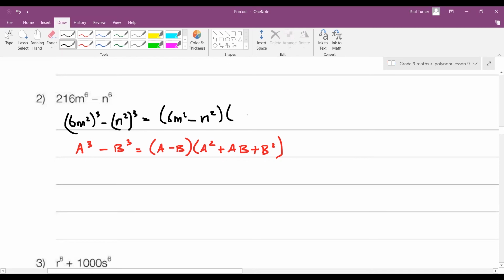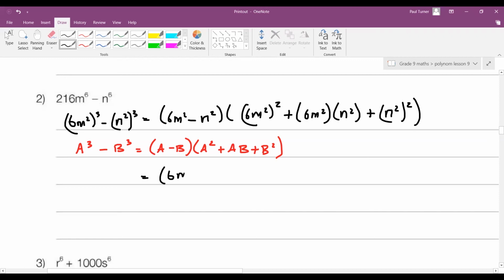A squared is 6m squared squared, plus 6m squared times b, which is n squared, plus n squared squared, like that. So the last line I'll put down here.